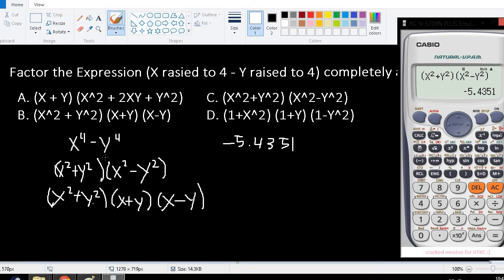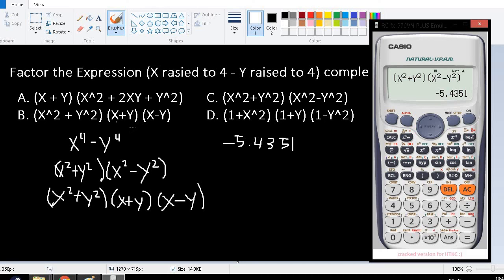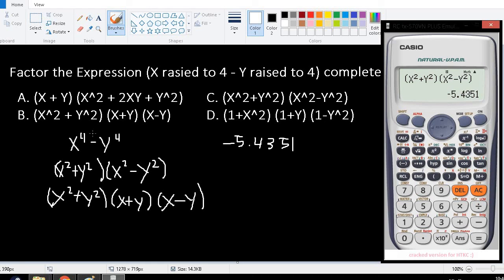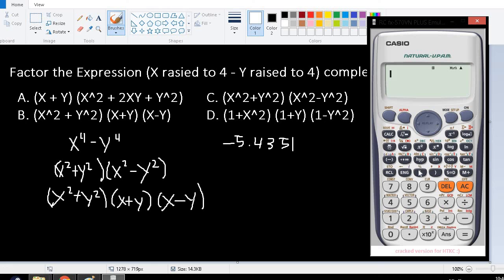You can still factor it further and we get letter B. So even if you get the same value for letter C, if you evaluate it closely, the expression that is completely factored is letter B. Let's try letter D: 1 plus x squared, parenthesis 1 plus y squared, times 1 minus y squared, calc equals, and the answer is negative 30.